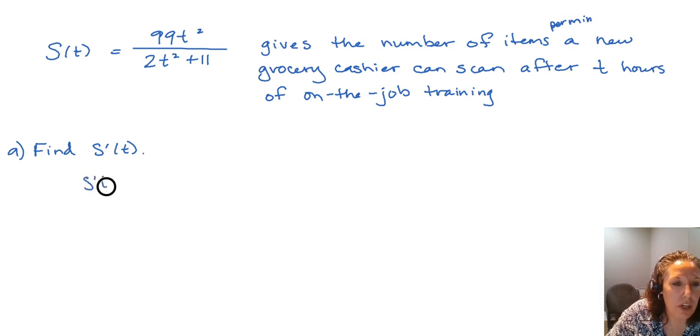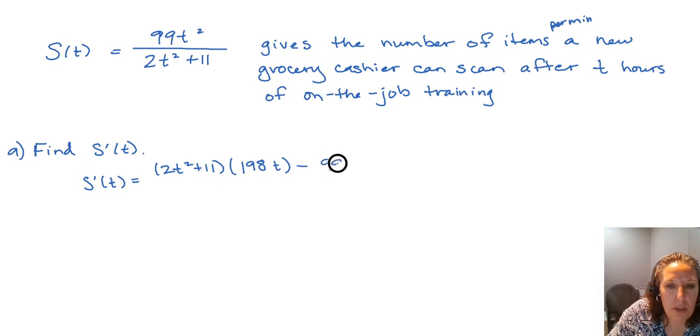We're going to use the quotient rule here. So s prime of t is going to be the bottom, 2t squared plus 11, times the derivative of the top, 99t squared. When we take the derivative of that, we get 198t, minus the top, 99t squared, times the derivative of the bottom, and the derivative of 2t squared plus 11 is 4t, all over that bottom squared.